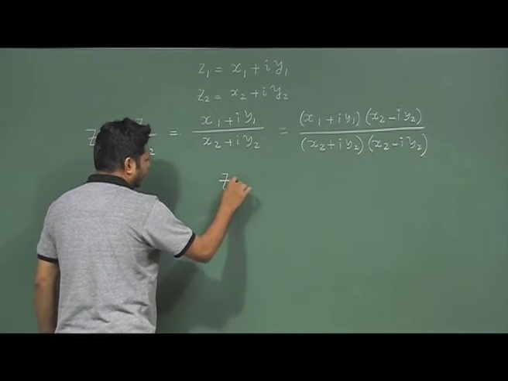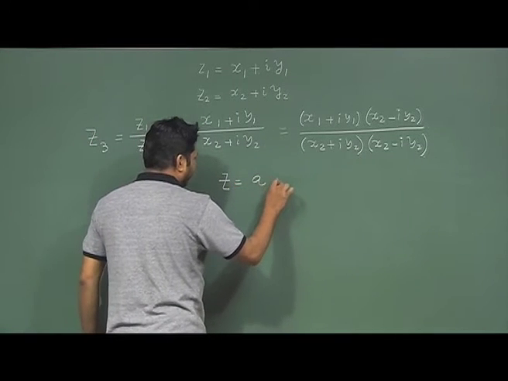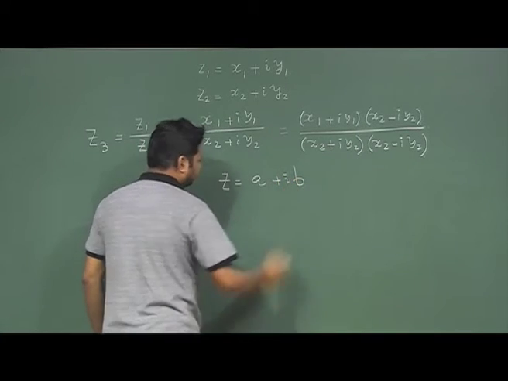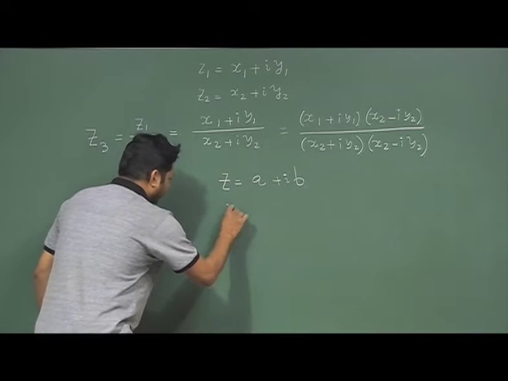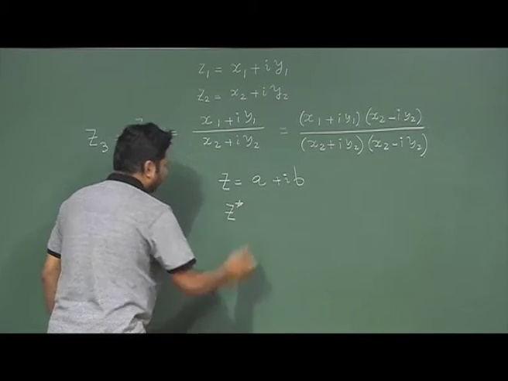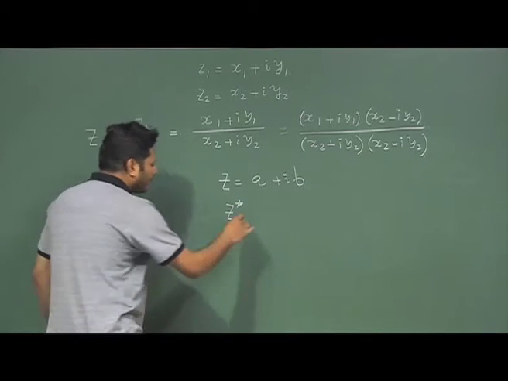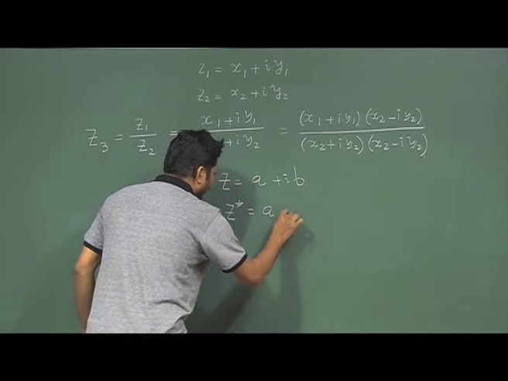So, I have Z equal to A plus IB. If I say Z star, which is called the complex conjugate, I should write A minus IB.